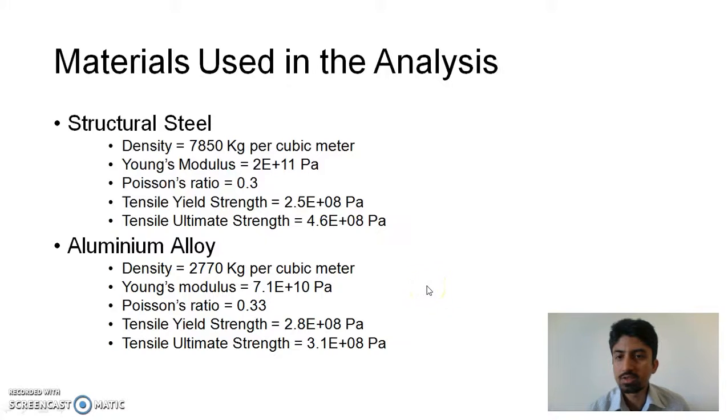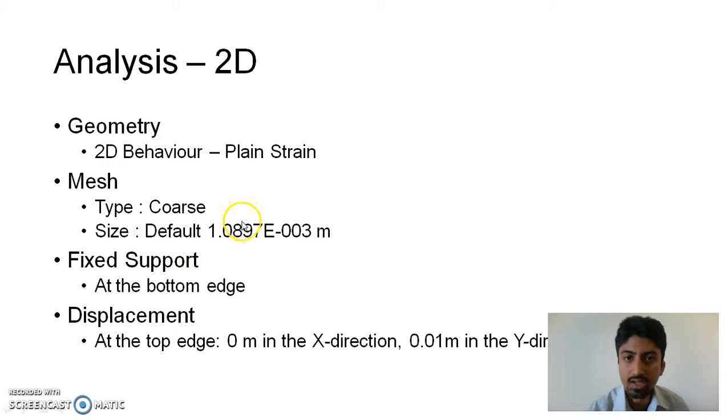After doing the CAD geometry, we come to the analysis part. It will be a 2D analysis of crack propagation. Since it is a 2D analysis, I have set the 2D behavior as plane strain. For the mesh, I have used a quad mesh with the default sizing, 1.0897 times 10 to the power minus 3 meters.